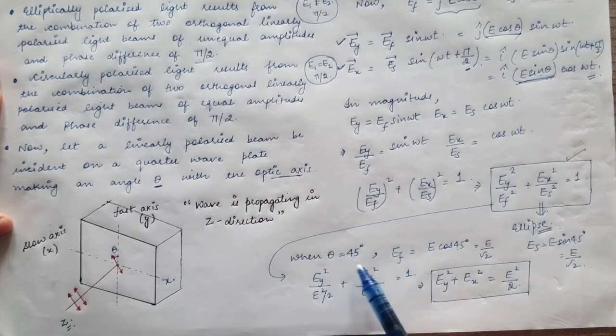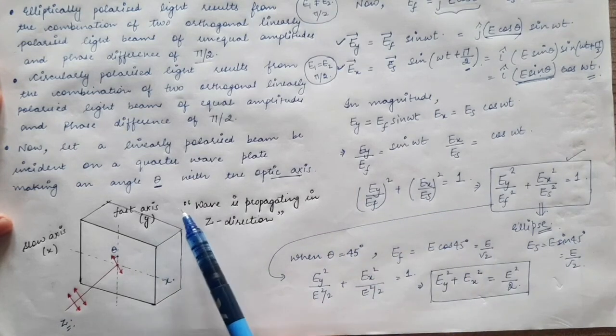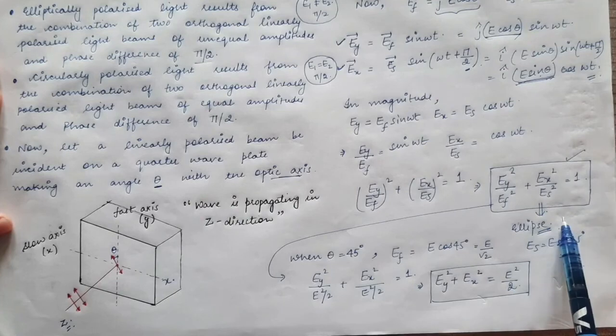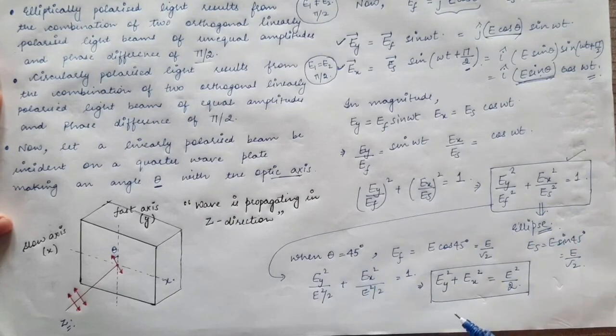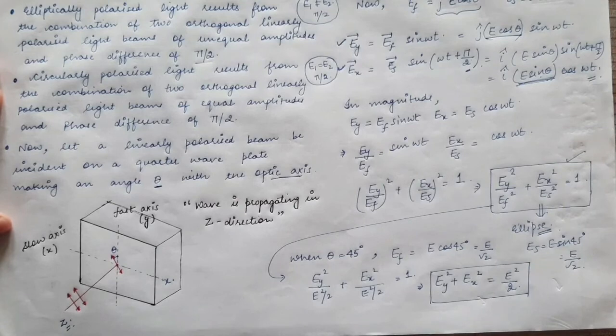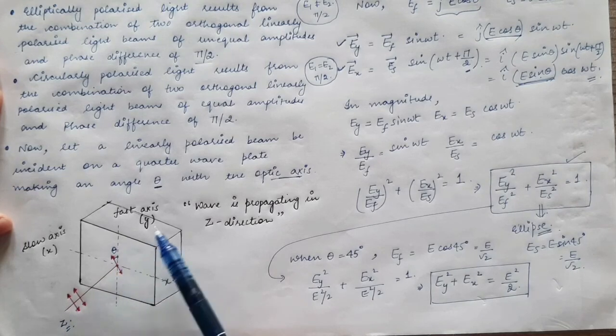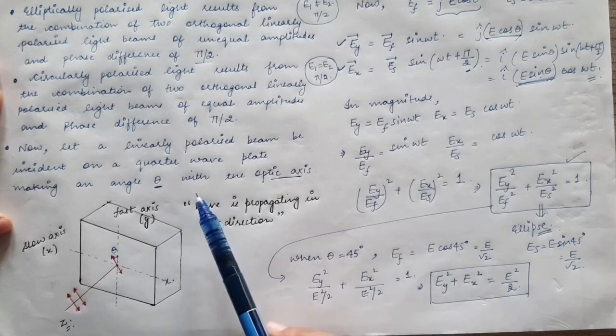So if theta is not equal to 45 degrees, the light which will emerge out of the quarter wave plate will be elliptically polarized light. And if theta is equal to 45 degrees, the light which will emerge out of the quarter wave plate will be circularly polarized light. So this we have proved by derivation. You have to remember, whenever plane polarized light falls on a quarter wave plate, the light which will emerge out is elliptically polarized light.